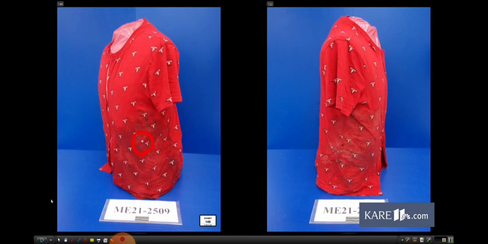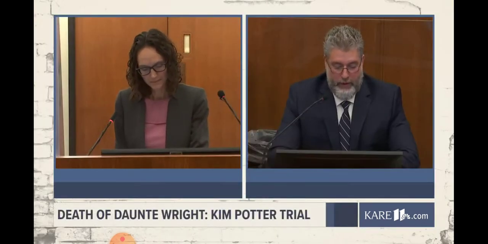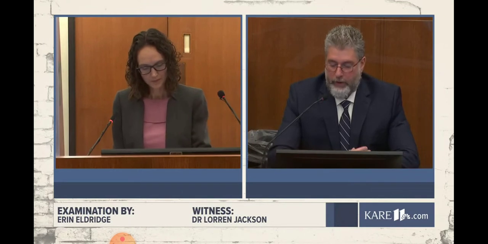And on the image on the right, which is the right-hand side of the shirt, I will circle this area here that is a defect in the fabric or a hole in the fabric. So when you say defect, does that mean hole in this case? Yes, they're interchangeable. And were those holes consistent with the trajectory and the injuries that you observed? Yes, they approximately recapitulate the injuries that we saw on the body.